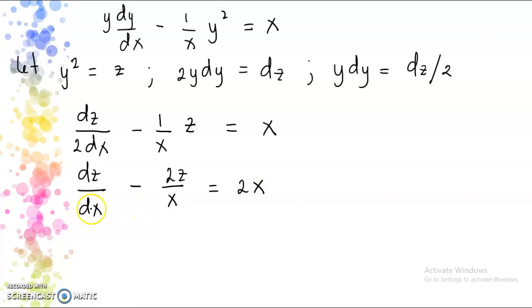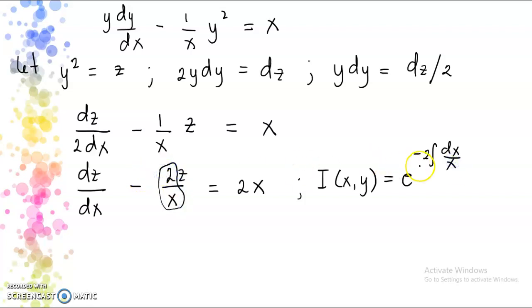The integrating factor is I of x equal to e raised to negative 2 integral of dx over x, which is equal to e to the negative 2 ln of x.